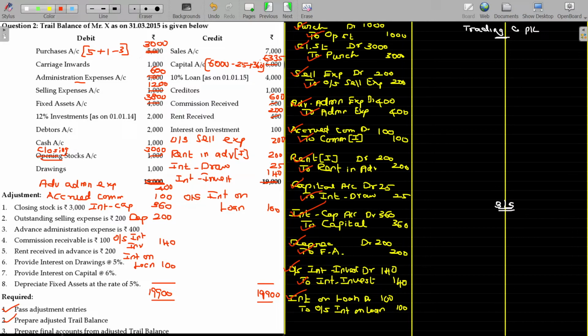Debit side, purchases, where will it come? In the trading account, debit side. So purchases, this value being 3,000. You can join with me solving this illustration. Carriage in is an item of the trading account, so carriage in, this value being 1,000.